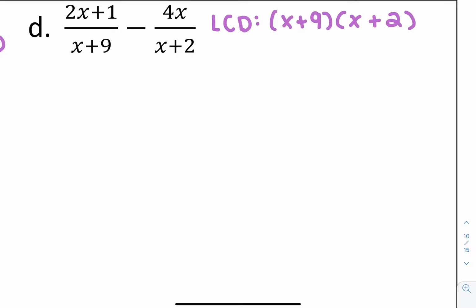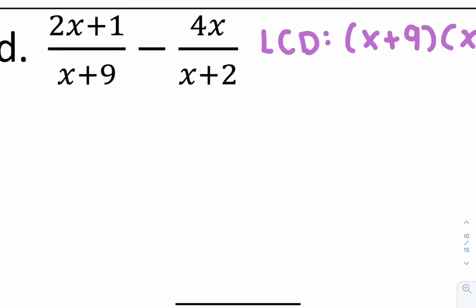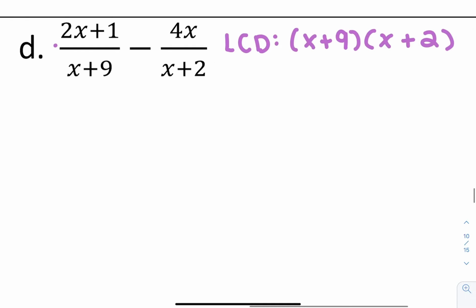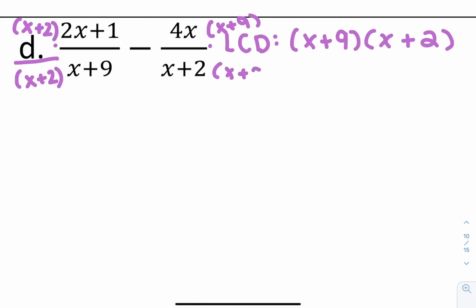So now I need to figure out, what are these fractions missing out on? This first fraction is missing out on an x plus 2, so I'm going to multiply everything by x plus 2 over x plus 2. I'll multiply my second fraction by x plus 9 over x plus 9. When you do this, you have to remember to use parentheses.